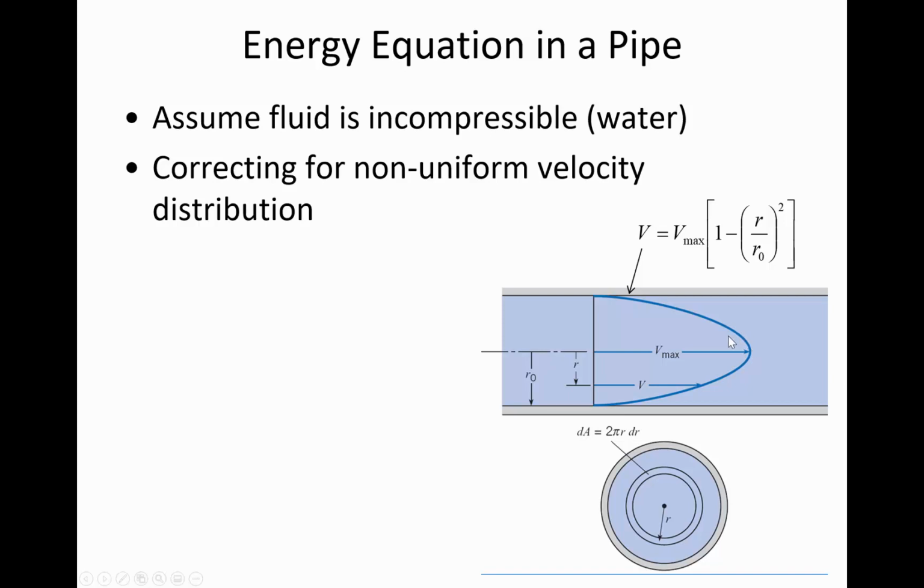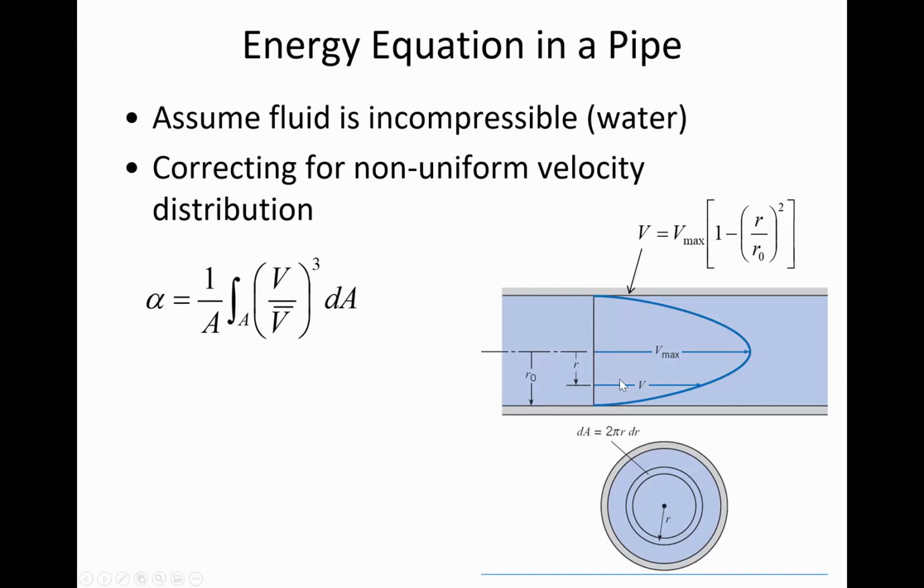And so at the center of the pipe, the velocity is the fastest because that's where it's furthest away from these boundaries where the shear stress is applied by the pipe to the fluid. And so here at the center, the velocity is at its max. And the kinetic energy correction factor essentially is just a way of comparing the maximum flow velocity to the average flow velocity.